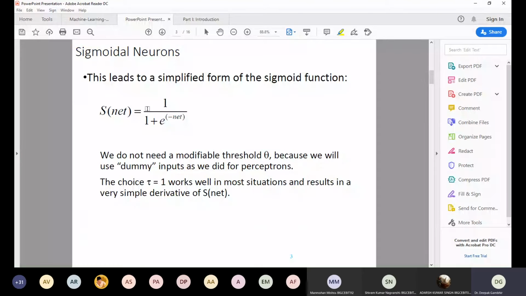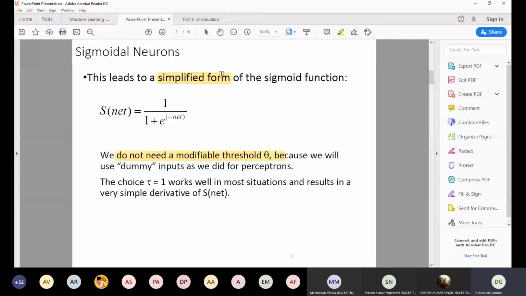So we will write the sigmoid of x as 1 over 1 plus e to the power minus x. We have not used the dummy variable theta, that I have already told you, theta is not used. We will do it later on when we do more complex kinds of computation. So for the time being, we will use the simplified form, that is s of net equal to 1 over 1 plus e to the power minus net.